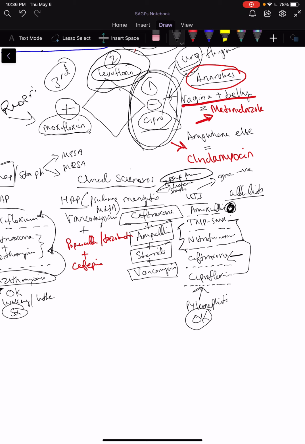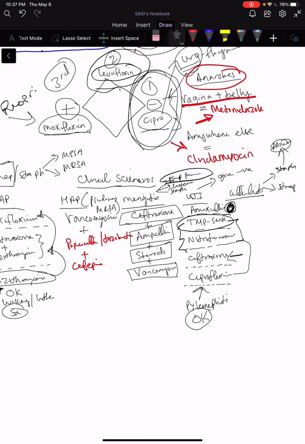Bactrim, you have to be careful. If they have kidney failure, do not give them Bactrim. Nitrofurantoin is generally safe. Amoxicillin if they're pregnant. Okay? Cellulitis, basically staph and strep. If they have abscess formation on their skin, it's probably staph.